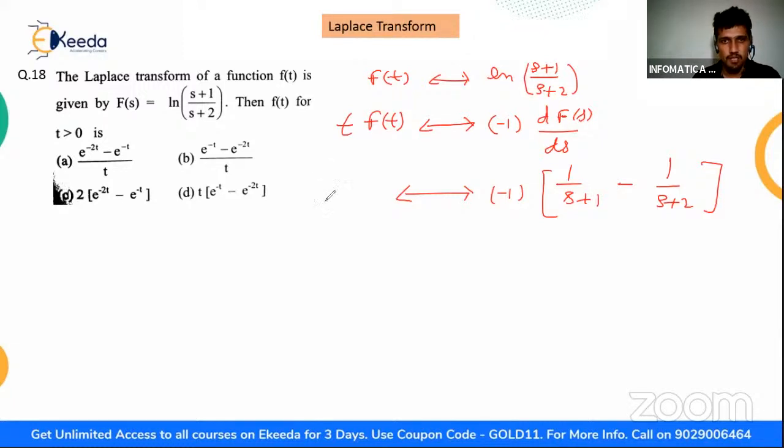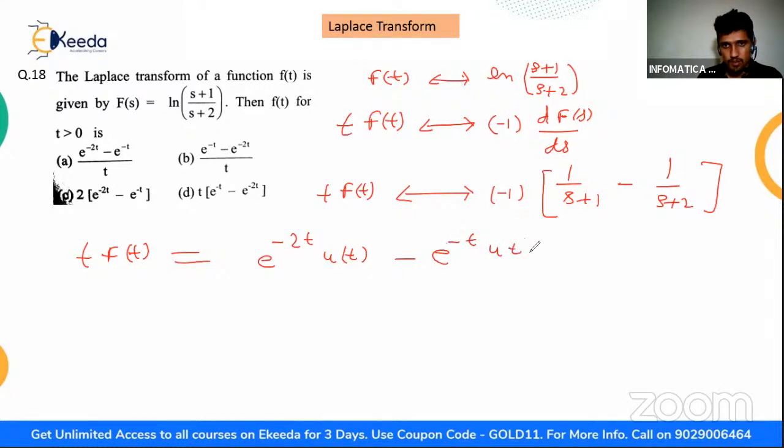Similarly, we will then use the inverse of this. So f(t), we will now use the inverse Laplace transform of these two, which will be e power minus 2t u of t minus e power minus t u of t.